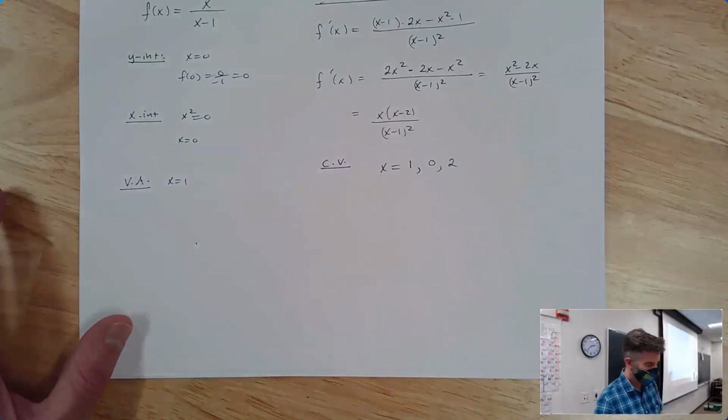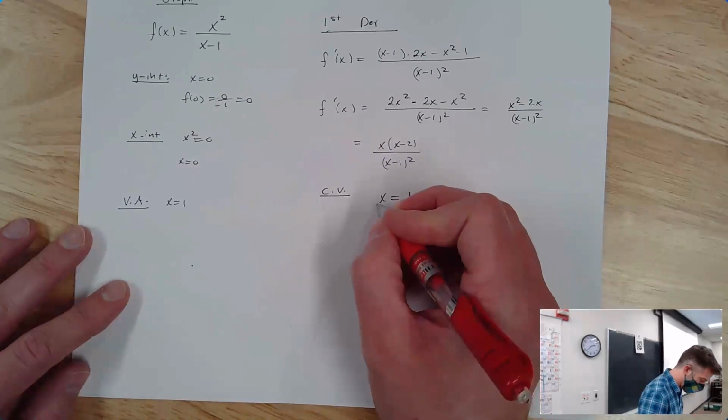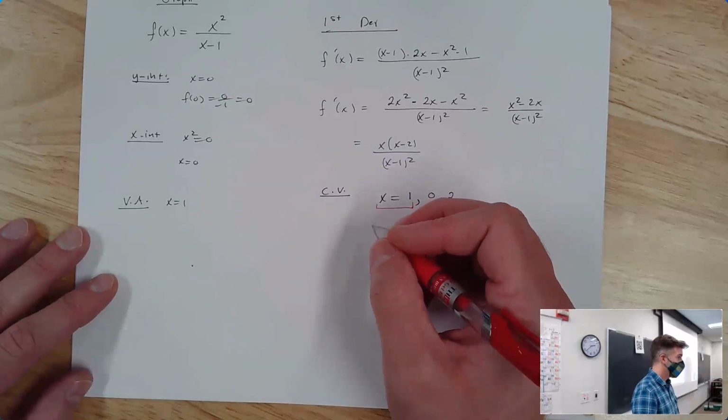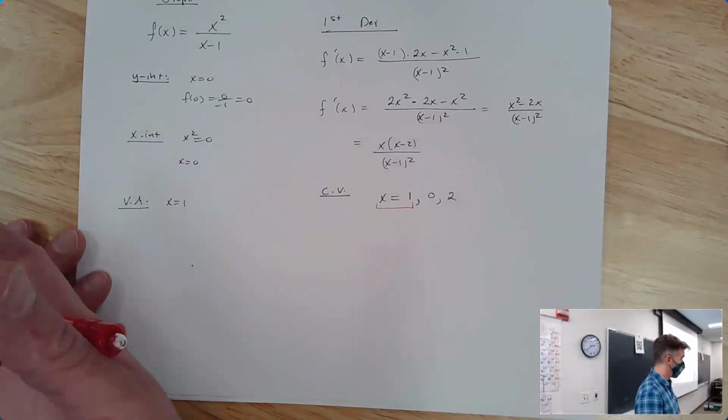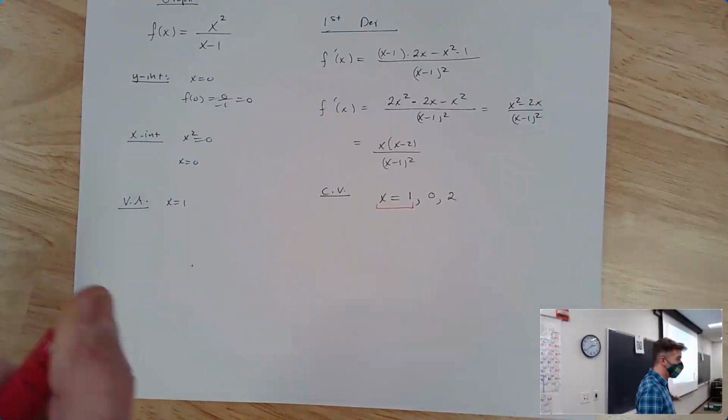Now, I want to point out x equals 1, although it's important, is not really a critical value because it's not in the domain of the original function. We're still going to include it on all of our number lines. It's important. It's where we have a vertical asymptote, but we can't have a maximum there. We can't have an inflection point there. It's undefined, right? The original function is undefined there. Just be aware.